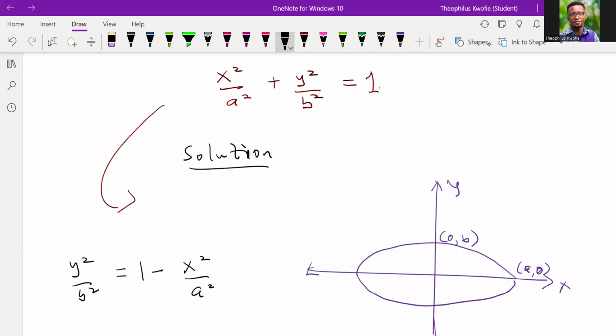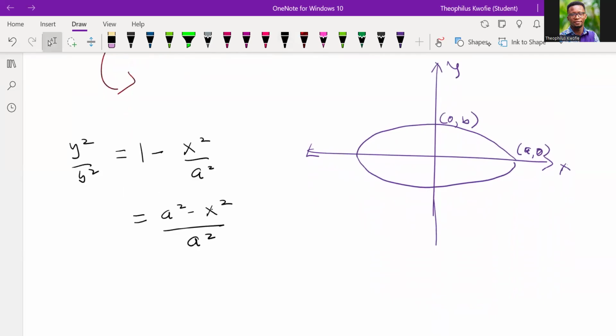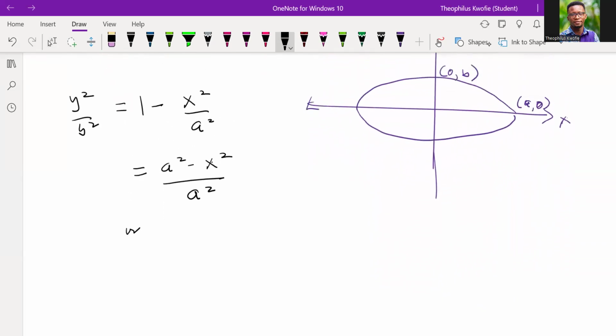And when you simplify this a bit, you should have a squared minus x squared over a squared. Or if you want to further simplify that, y should be equal to plus or minus b over a root of a squared minus x squared.